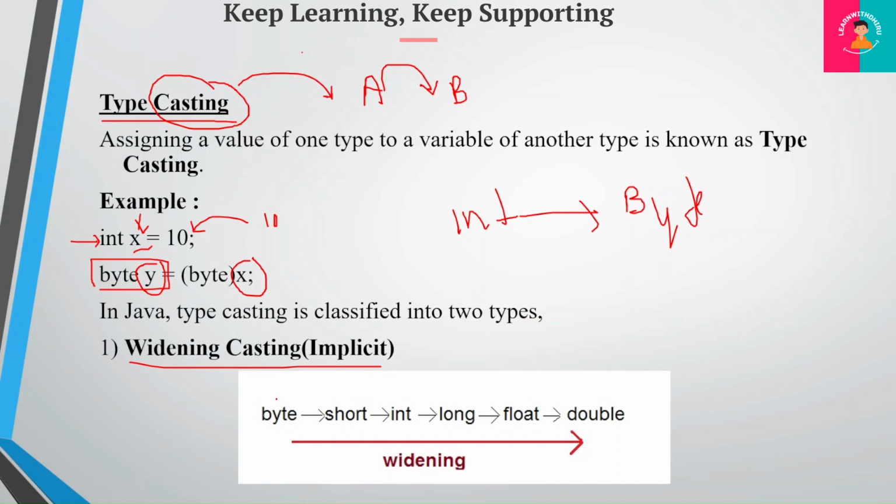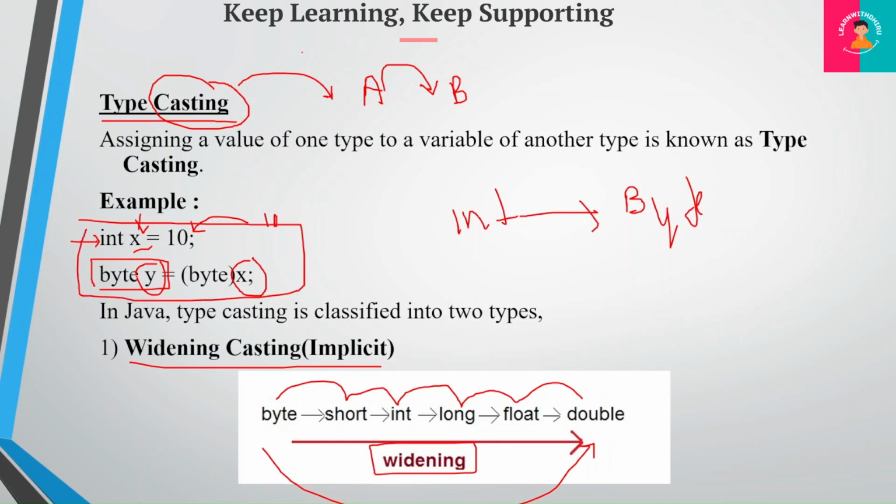Like if you're converting data from byte to short, short to int, int to long, in this flow, it is known as widening. But in Java, it happens automatically. Internally it happens, you don't have to write this logic directly.